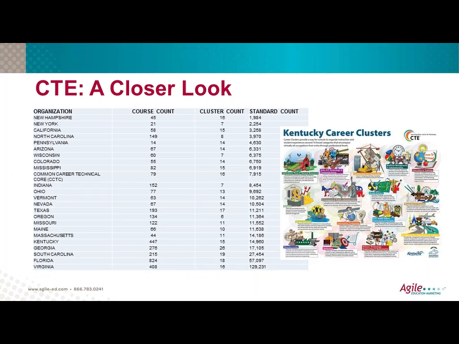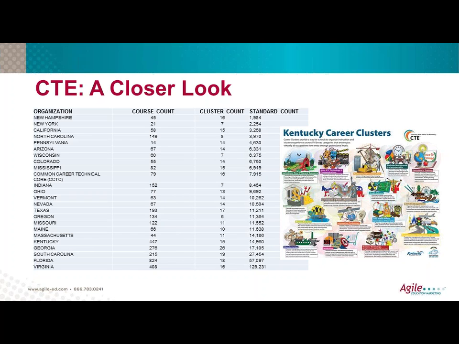So this slide, I think, really gives a great picture of what we're dealing with state by state. I couldn't include all the states because I couldn't scrunch it into this one slide, but EdGate just added all of the CTE standards for each state, and it was amazing to see state by state how different those standards look.